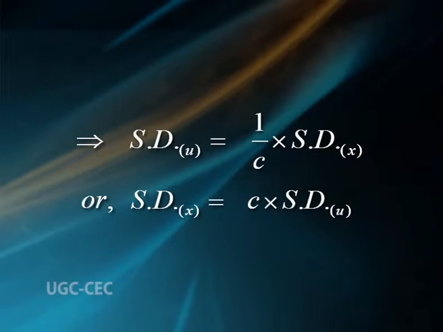This implies standard deviation of u equal to 1 by c into standard deviation of x, or standard deviation of x equal to c into standard deviation of u.